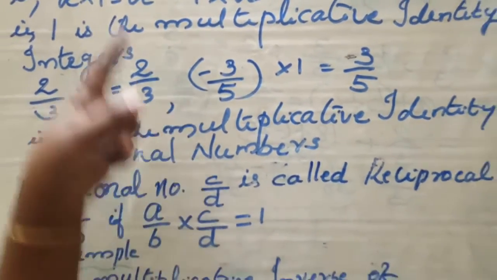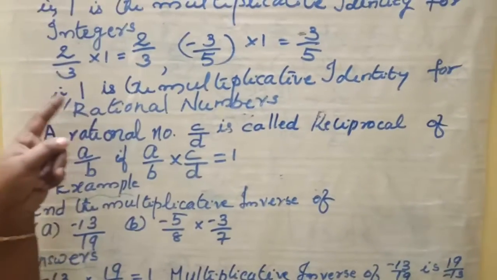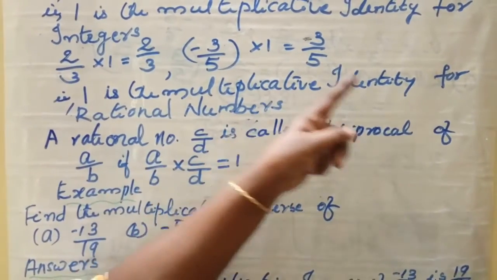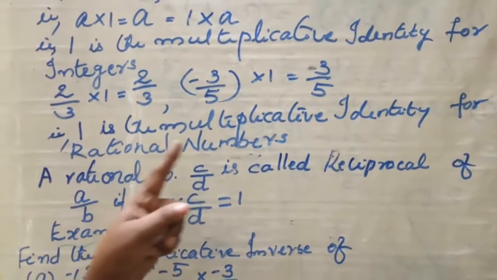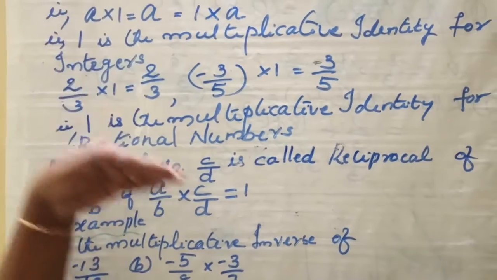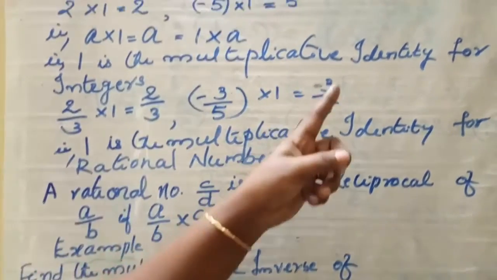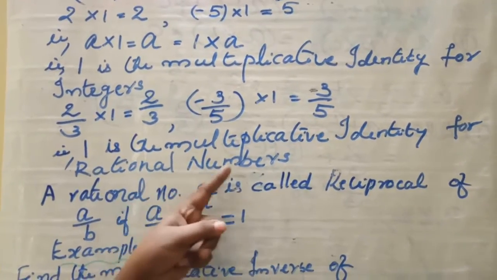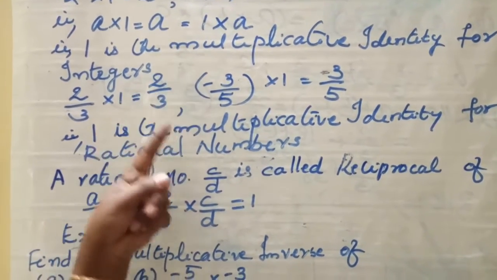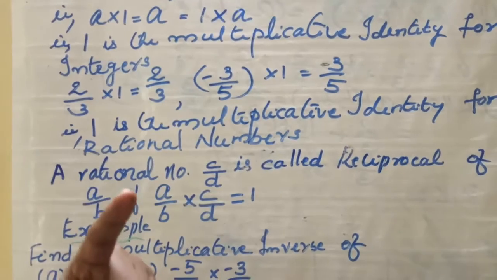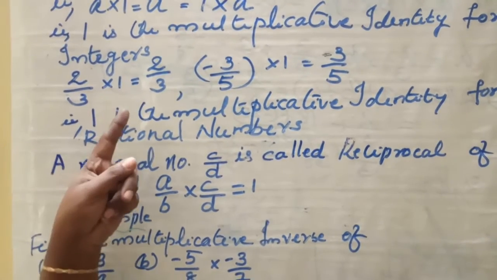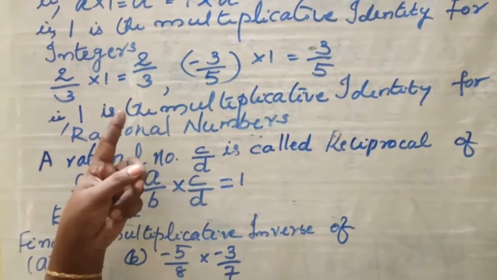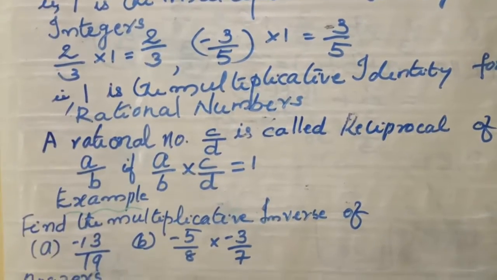Or we can say that, similar to integers, 1 is the multiplicative identity for rational numbers. That means 1 is the multiplicative identity for integers, and 1 is the multiplicative identity for rational numbers. In between, another system is there, you know what it is? Whole numbers. That means 1 is the multiplicative identity for whole numbers also.